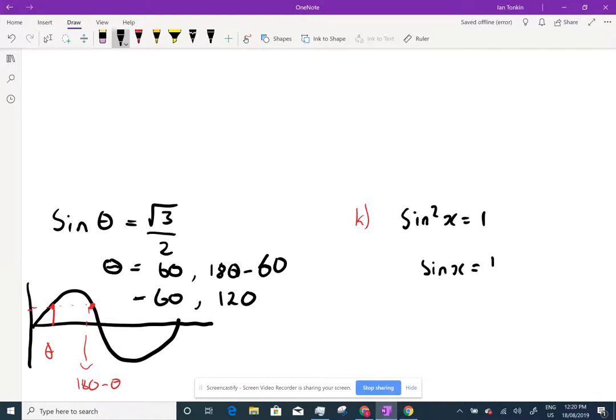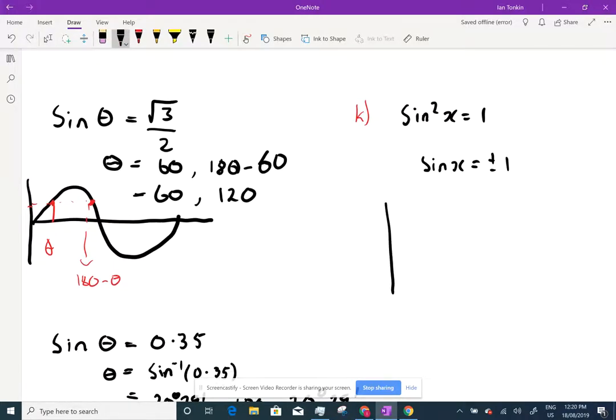So sine x equals plus or minus 1. Well, I can actually just use a graph for that. Now remember, you get two answers when we're going 0 to 360. That's why there's only two answers. We could have an infinite amount of answers if it went on forever, which it does. Now, sine x equals plus or minus 1, well, that's that one there and that one there. So the two answers are x equals 90 degrees and x equals 270.